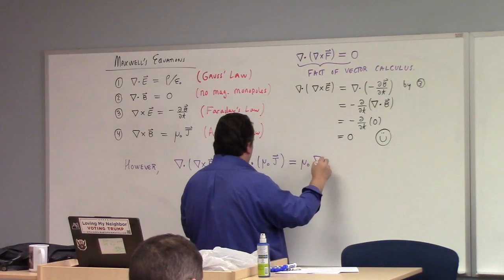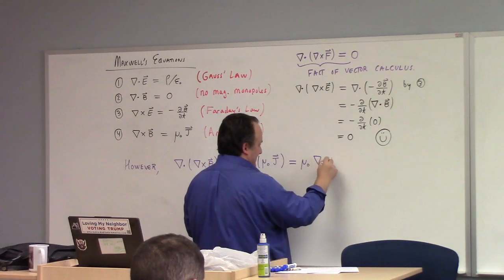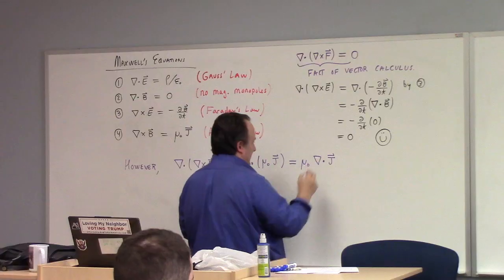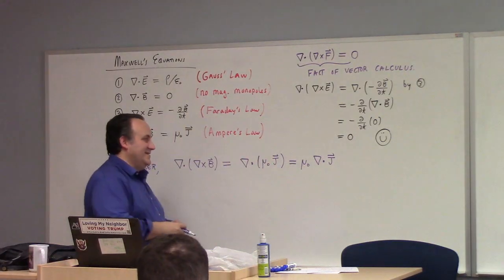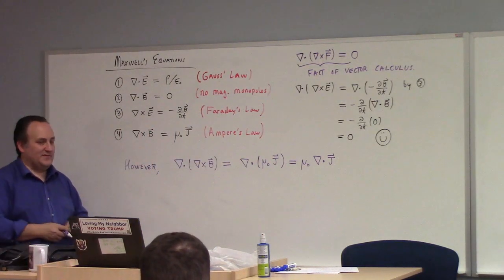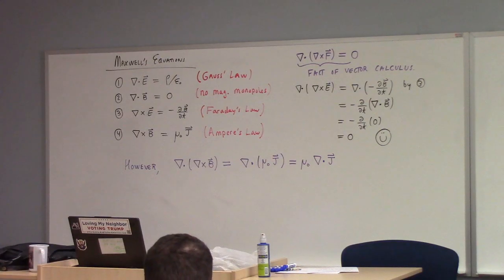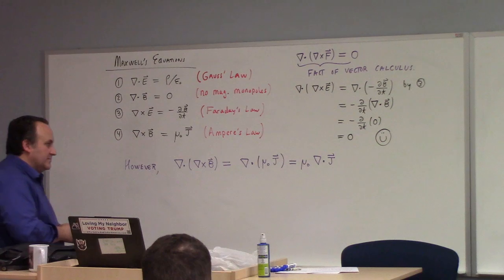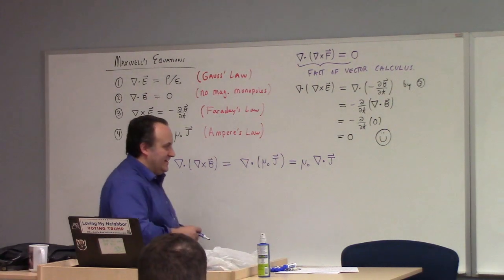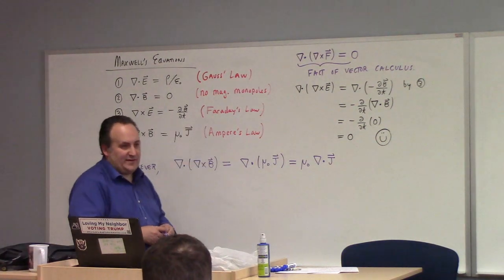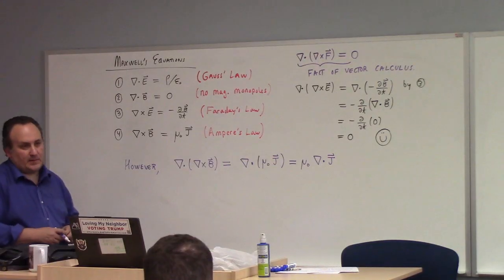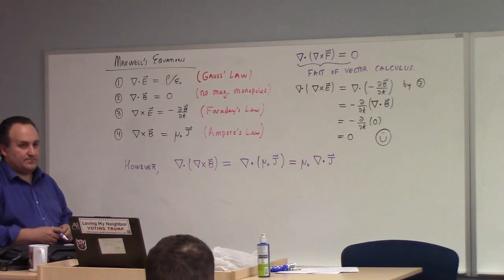There has been discussion about whether the fundamental constants of nature are themselves functions of time, but not in the standard theory anyway. So certainly in this class, mu naught is a constant, 4 pi times 10 to the minus 7, the permeability of the vacuum.